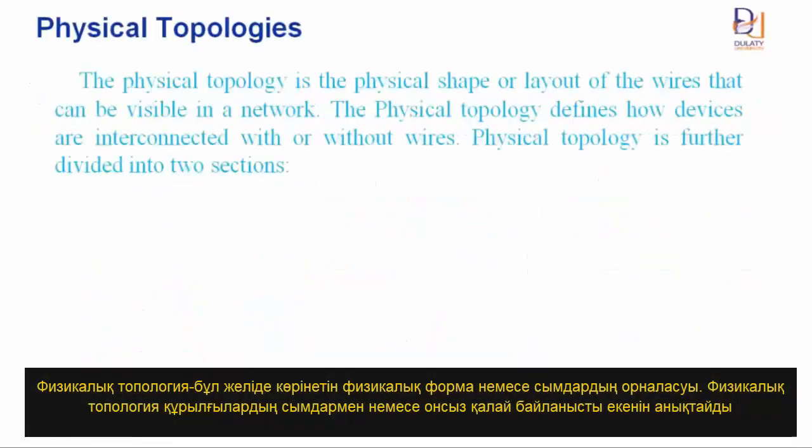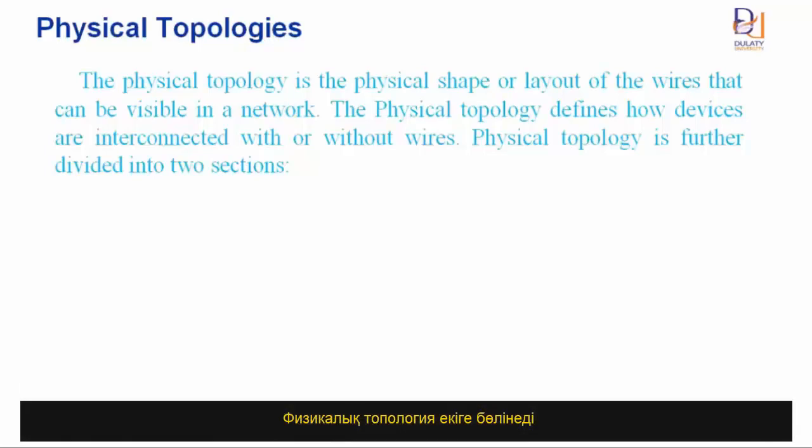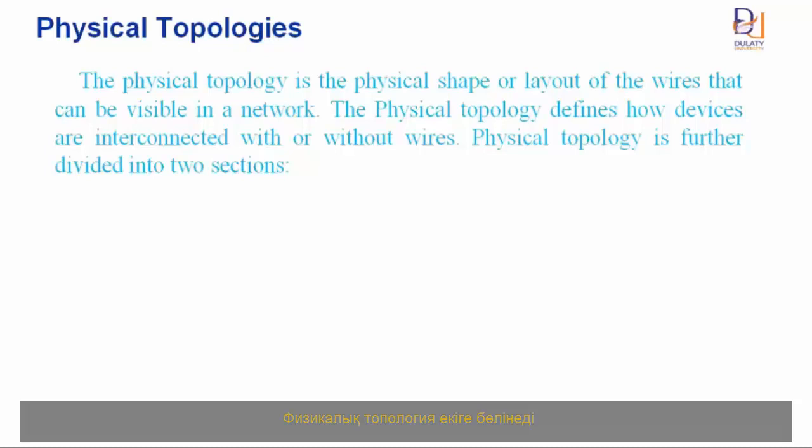The physical topology is a physical shape or layout of the wires that can be visible in a network. The physical topology defines how two devices are interconnected with or without wires. Physical topology is further divided into two sections.